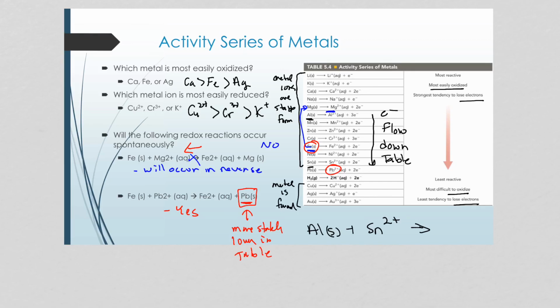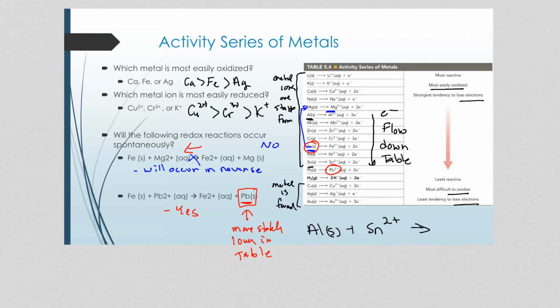Okay, so that brings to a close what I want to talk about with redox reactions at this point. So we want to be able to understand oxidation states, recognize certain types of redox reactions, and analyze them: assigning oxidation states, identifying what's oxidized, what's reduced, oxidizing agents, reducing agents, and then work with the activity series to predict which metals are more easily oxidized, which ions are easily reduced, and if reactions will occur.